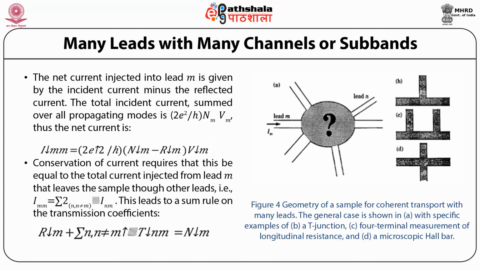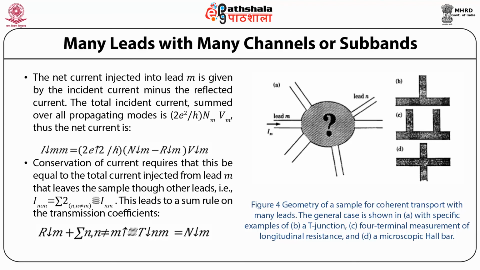The conservation of current requires that this be equal to the total current injected from lead M that leaves the sample through other leads, that is, IMM equal to summation over n, n not equal to m, of INM.